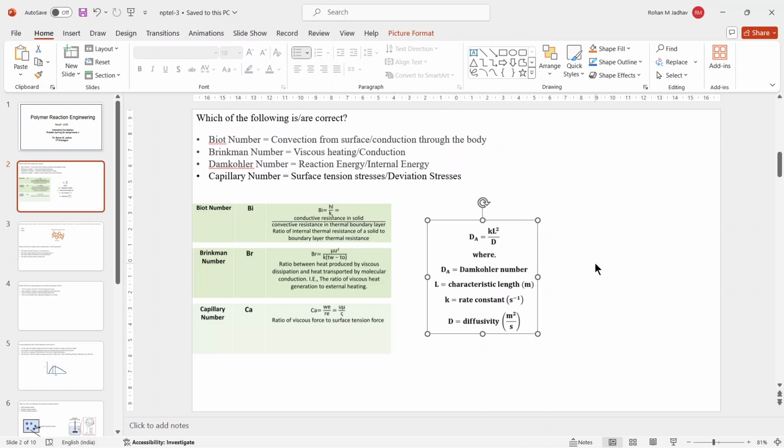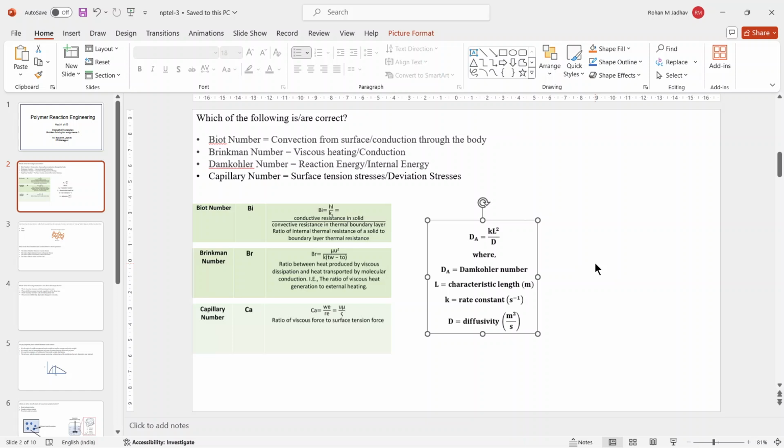In the Damköhler number's definition, we have K L square by D. K is your rate constant, and you can synonymously use that for the reaction energy term, divided by the internal energy. That can be used for the diffusivity, because the internal energy of the molecule or the concentration differences which cause diffusion can be used as a term for internal energy. So the Damköhler number's definition will be reaction energy by the internal energy.